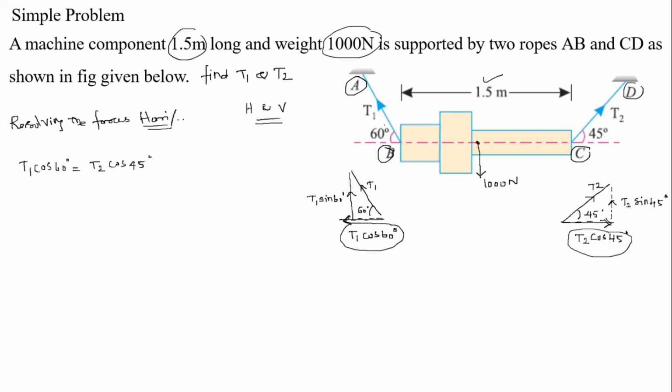Now T1 is equal to T2 cos 45-degree divided by cos 60-degree, which is equal to 1.414 T2. So this is the first equation we got. Now resolve the forces vertically.